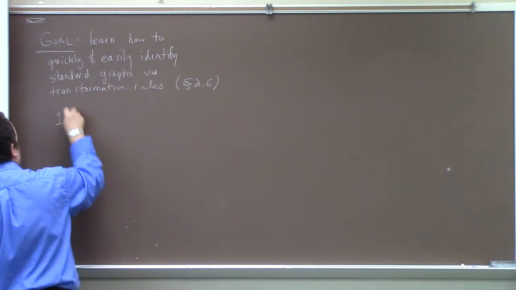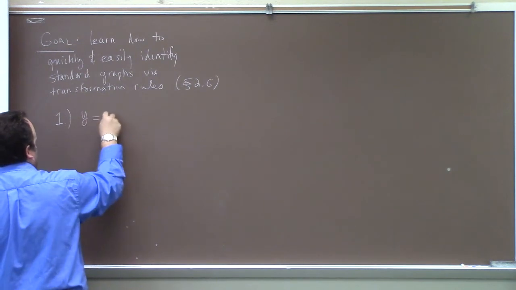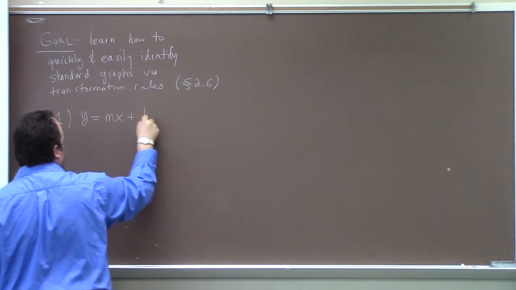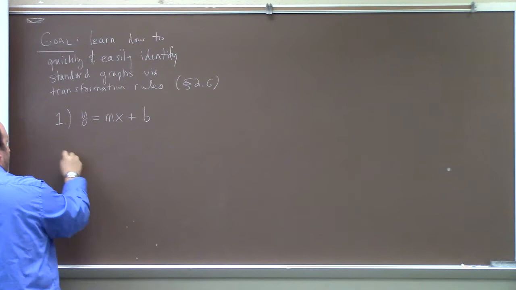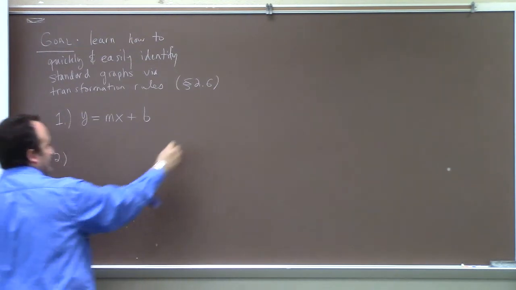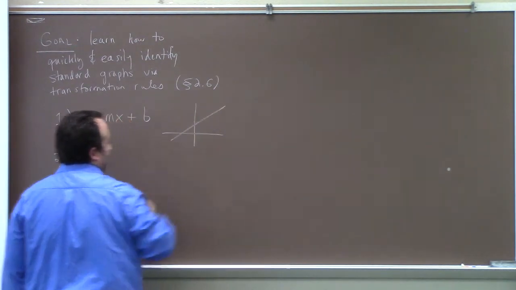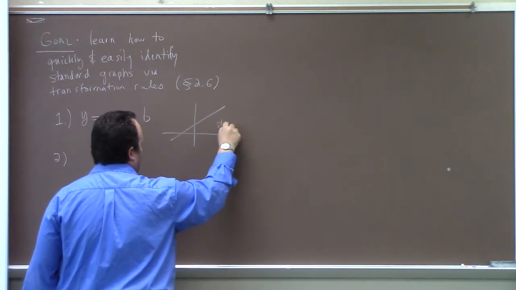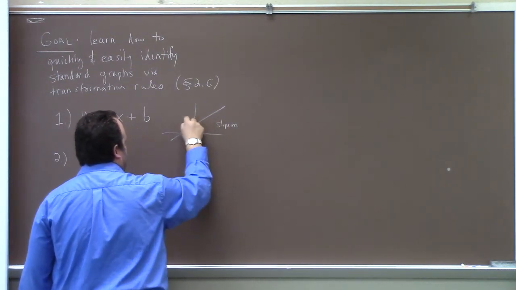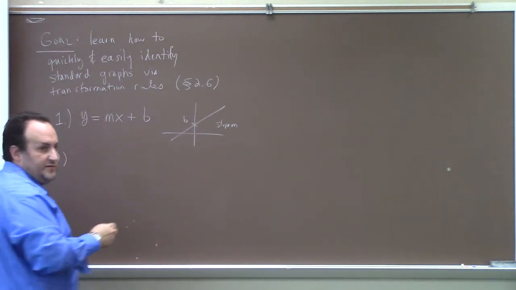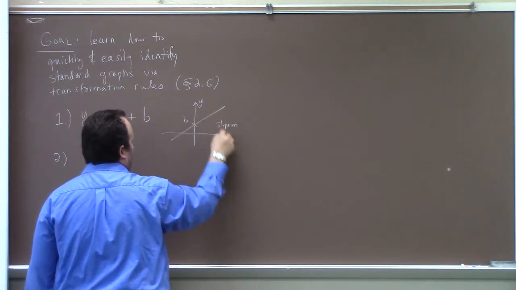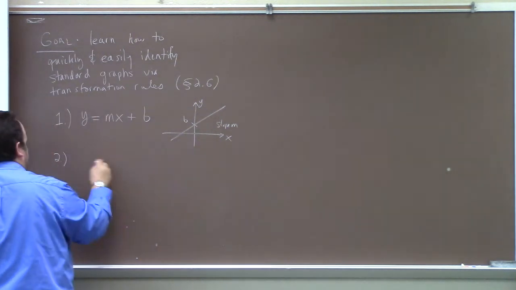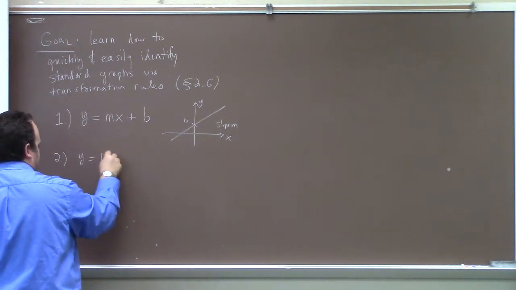Some of these we've already done, like y equals mx plus b. You know what that is. What's that look like? It's a line. The slope is m, the y-intercept is b. Next I would add y equals the absolute value of x.